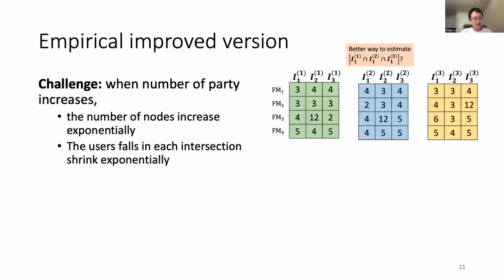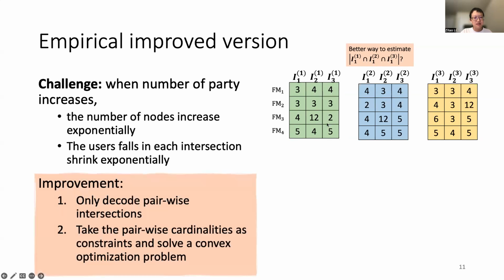There is still a challenge: when the number of data parties increases, the number of nodes in the grid will increase exponentially, so the number of users in each intersection will shrink exponentially. To improve the empirical performance when there are more than 2 data parties, we provide a heuristic optimized algorithm. The operation on the client side is the same: you just need to generate the FM sketches.